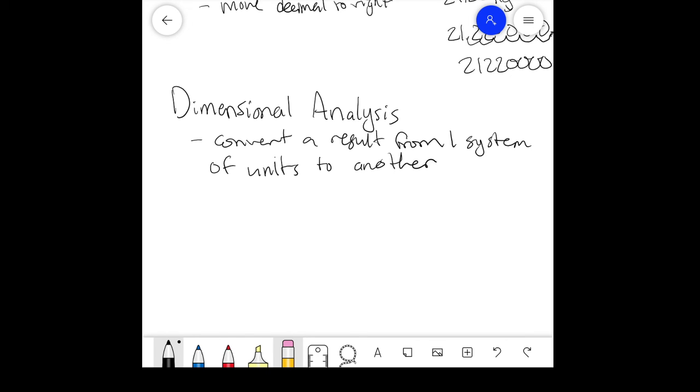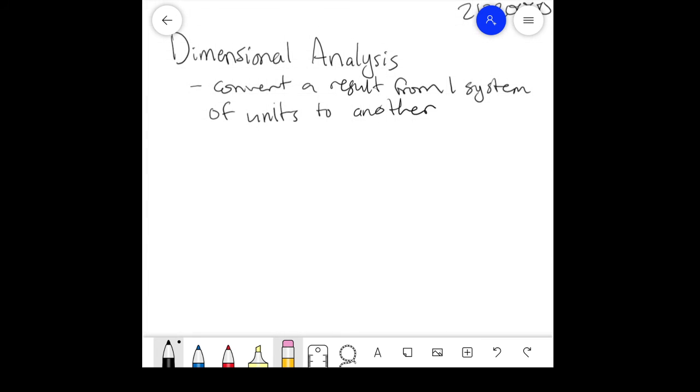And maybe if you forgot about dimensional analysis, you'll realize it looks a lot like the mole conversions we've just been doing. It's basically the same thing, except not using mole to Avogadro's number, we're using anything else. So the steps, you basically use equivalent statements, and then you just multiply and divide until you get what you want.